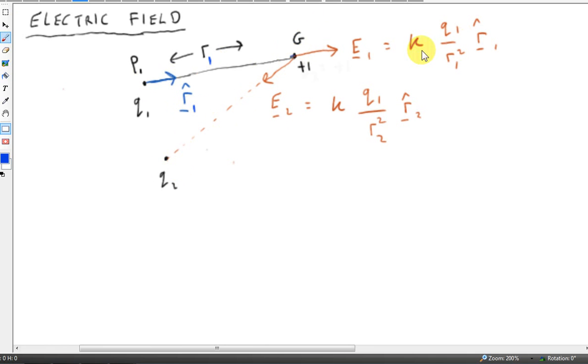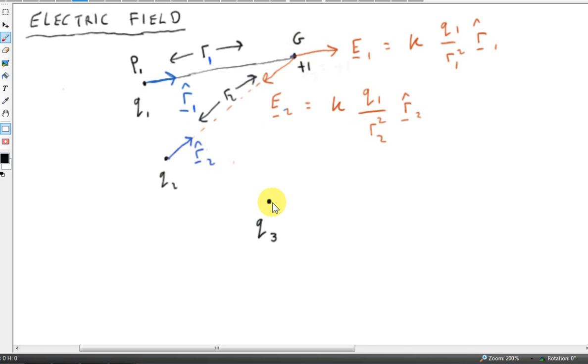So here's the electric field at this point due to charge Q1, and at E2 we have a different value here because R2 is the distance of Q2 to the charge at G, and here is unit vector R2. So we're defining unit vector R2 to be pointing from the charges towards the point G.